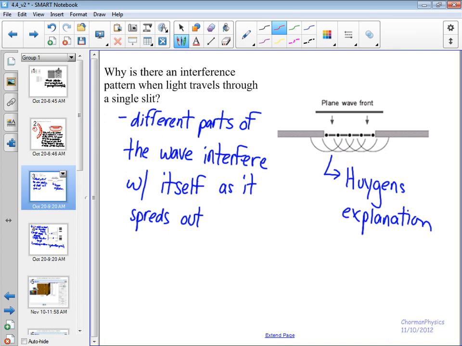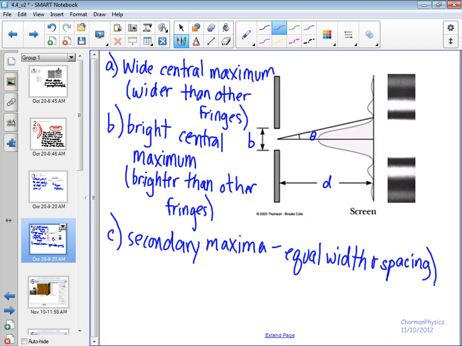So why is there an interference pattern when light travels through a single slit? This is what we call a single slit, a single opening. Different parts of the wave are going to interfere with itself as it spreads out. Let me show you this here. When waves pass through, we get that diffraction. We put a little screen right here.